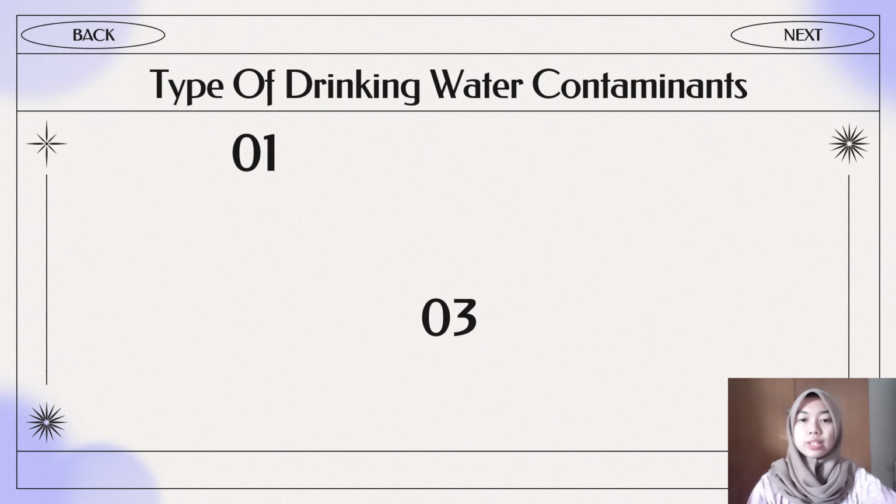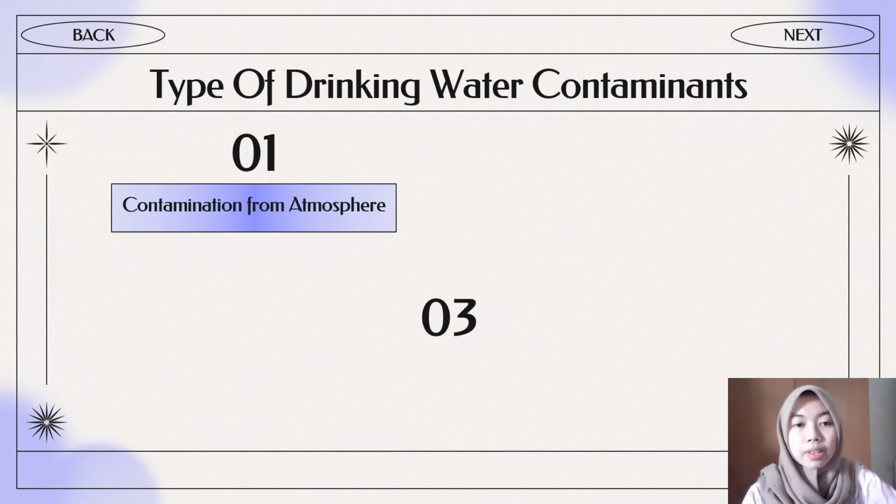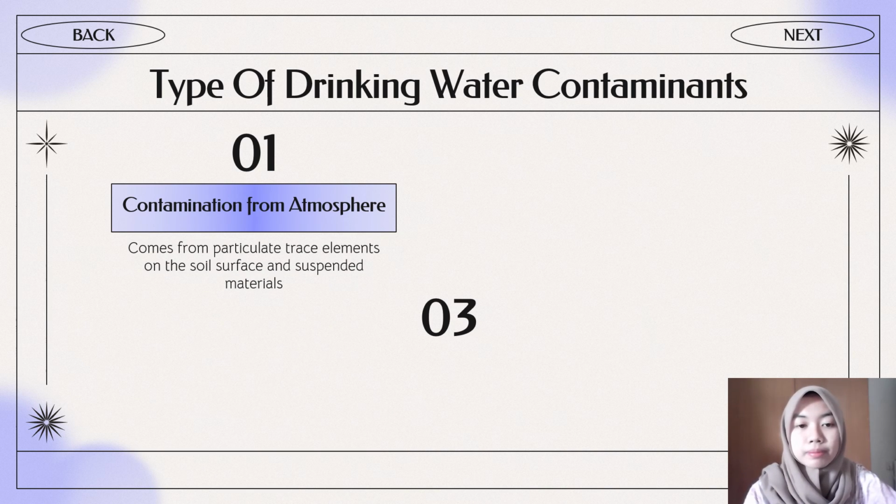Types of drinking water contaminants. The first, contamination from the atmosphere. Contamination from the atmosphere comes from particulate trace elements on the soil surface and suspended material. The simplest way to avoid atmospheric contamination of the sample is to cover the sample solution during the preparation and analysis process.